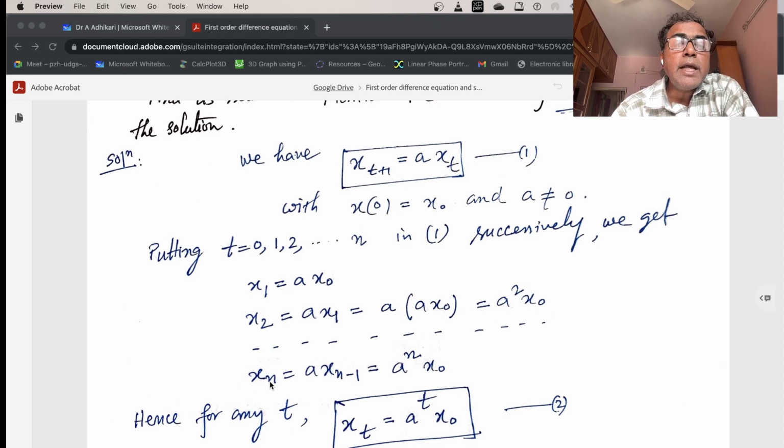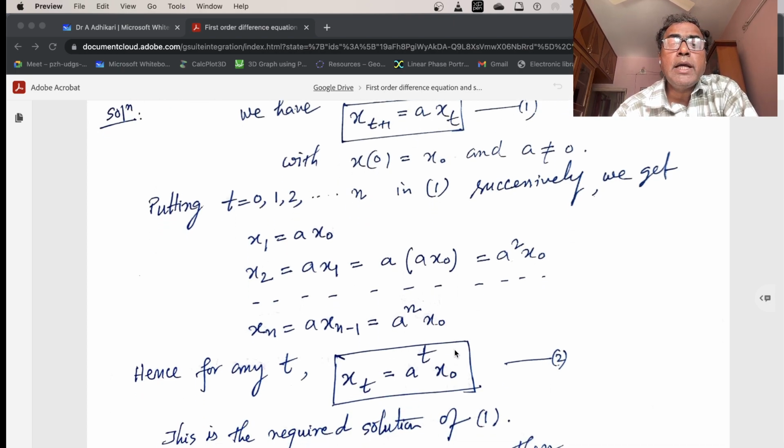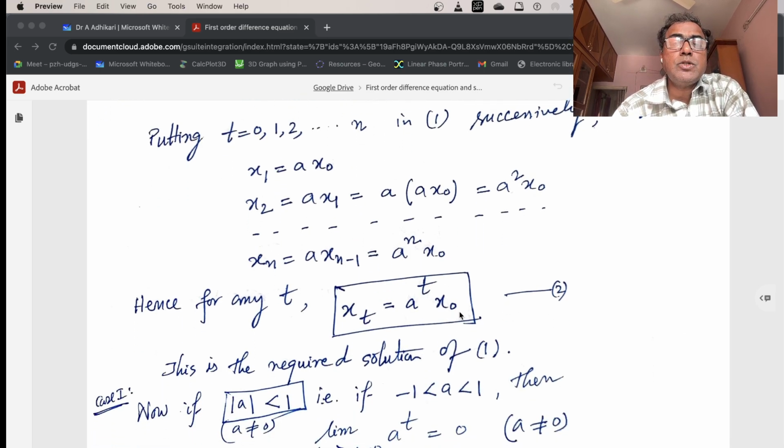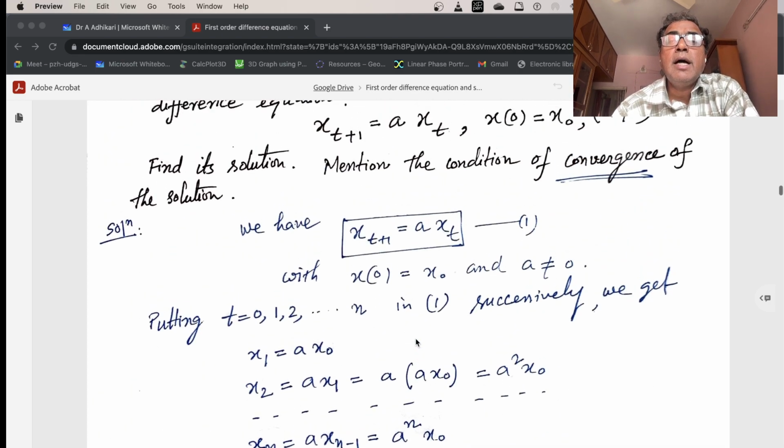Lastly, we get xn equal to a xn minus 1, and similarly xn equal to a to the power n x0. Hence, for any t, we get xt equal to a to the power t x0, and this is the required solution of the difference equation (1).